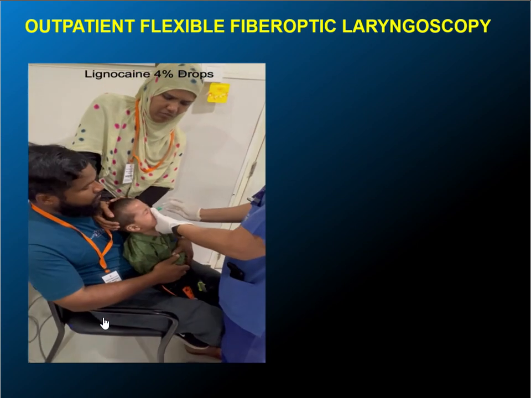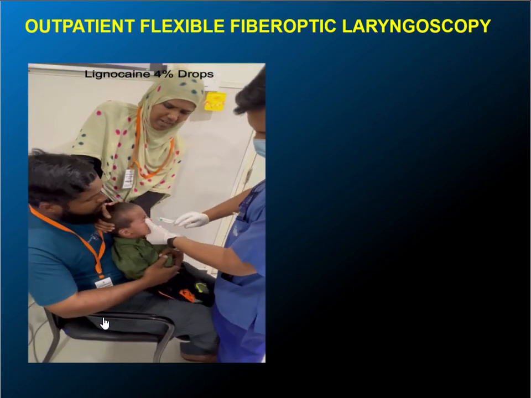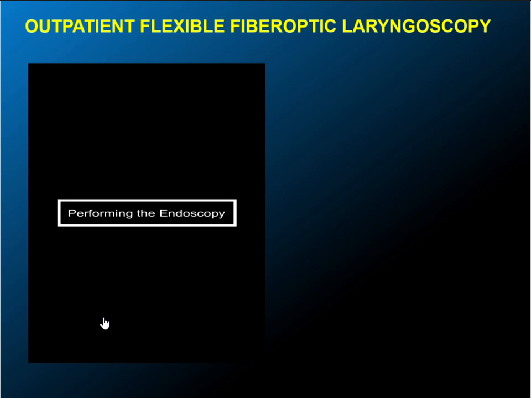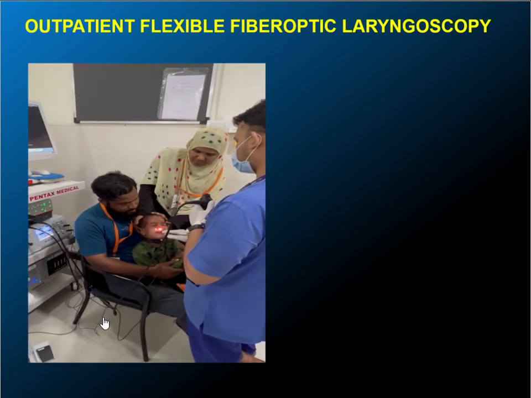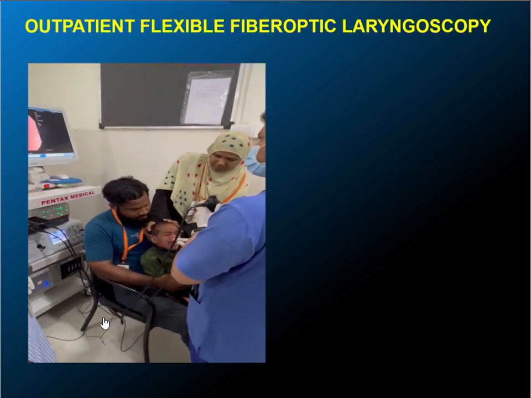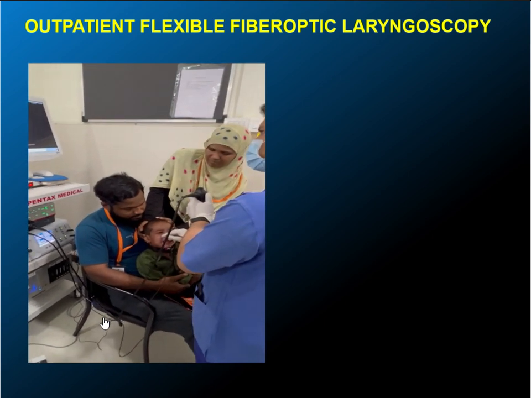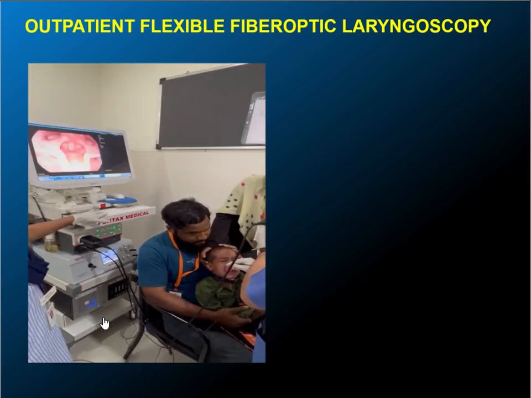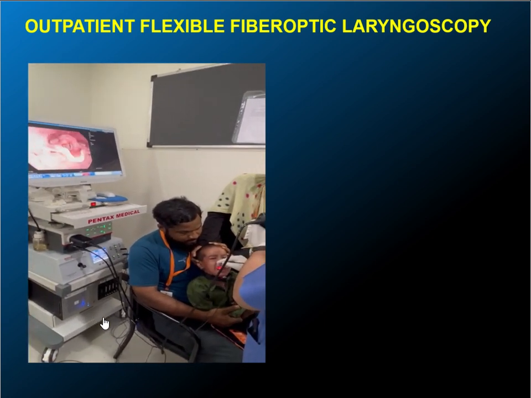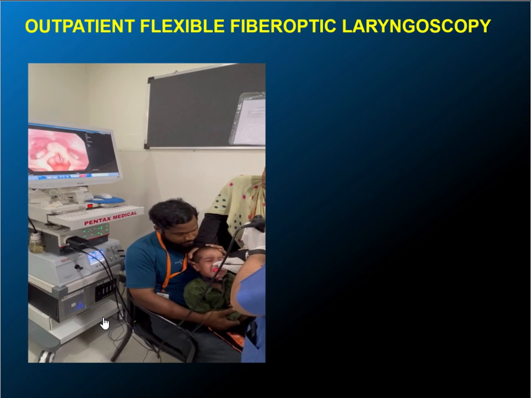Also, lignocaine 4% drops at the dose of 4.5 mg per kg of body weight. And then the endoscopy is performed. It is important to record the endoscopy to plan any surgical management in future.